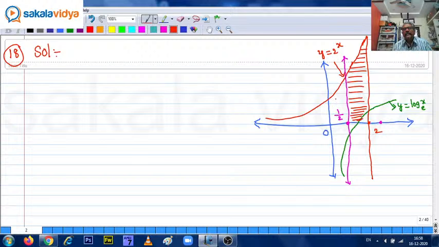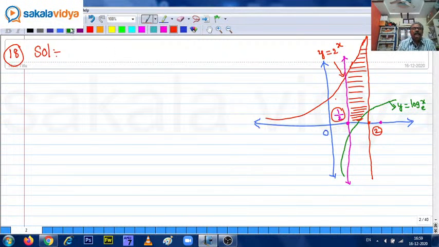This is x is equal to 1 by 2, this is x is equal to 2, in between y is equal to 2 power x and log x. The upper curve is 2 power x, the lower curve is log x to the base e. Upper curve minus lower curve, with limits half to 2, we need to integrate it.